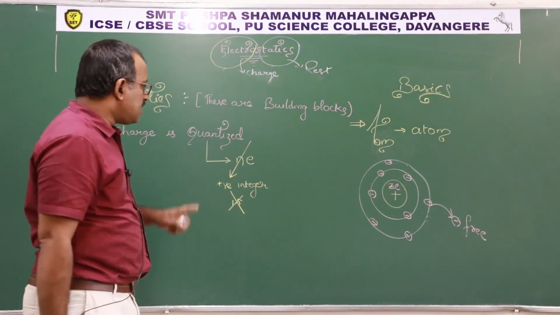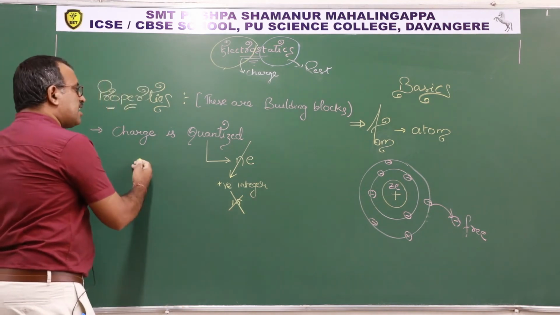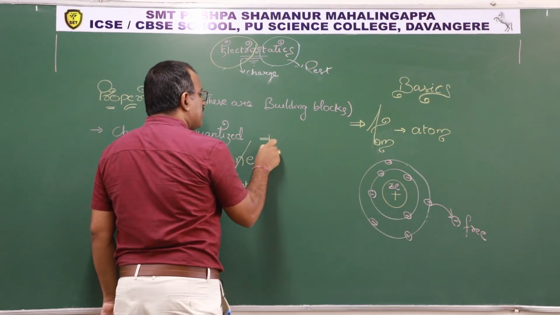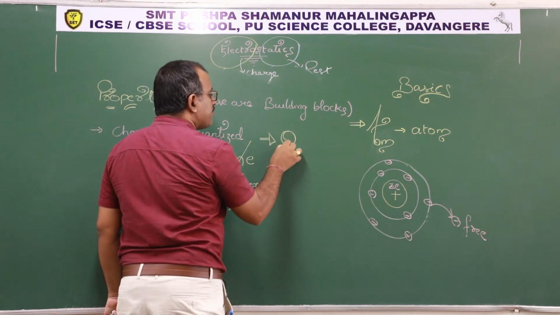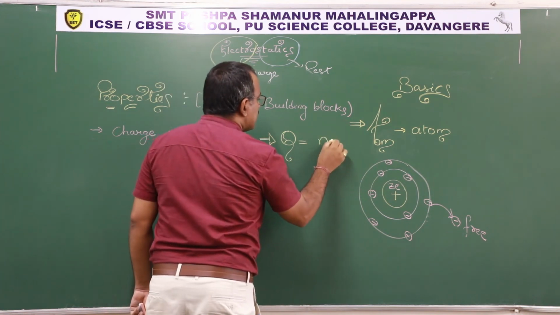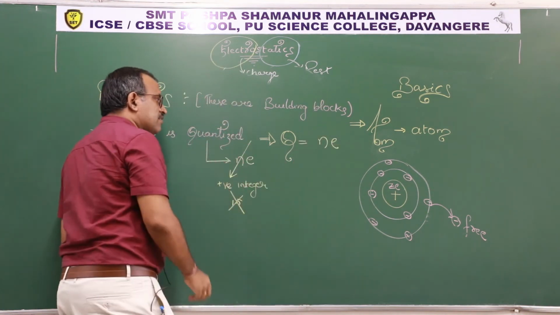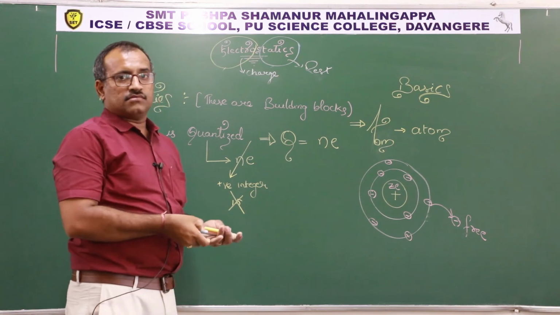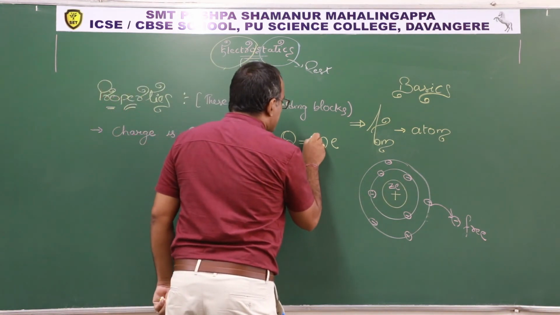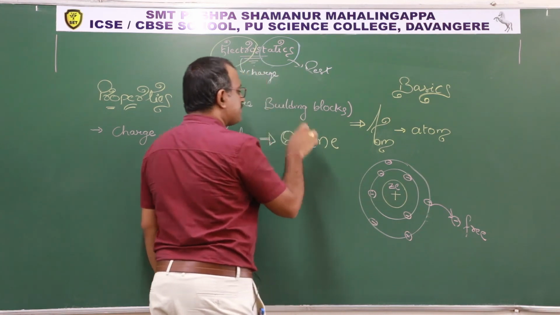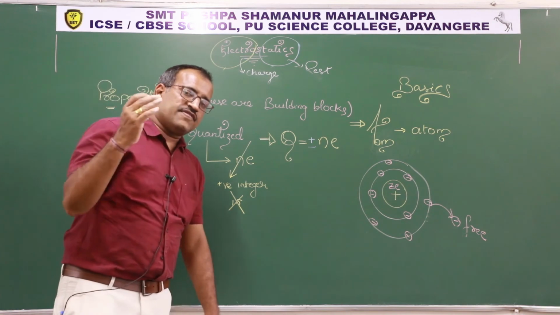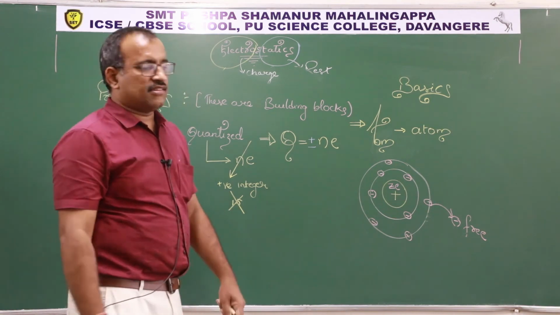Understood? So charge is quantized can be symbolically written as q = ne, which can be positive and negative. How come?